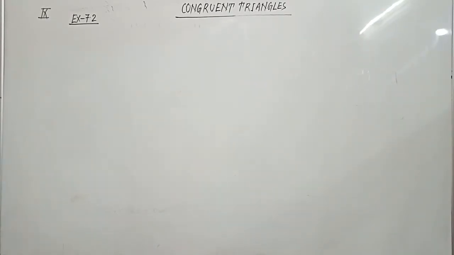Now the next question, that is, show that the angles of an equilateral triangle are 60 degree each.